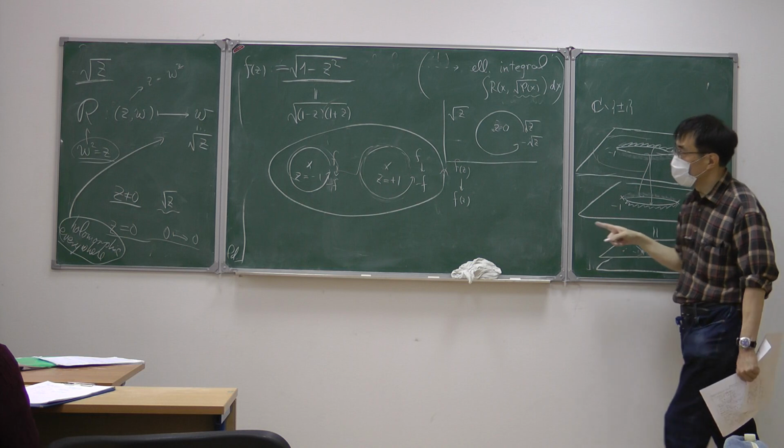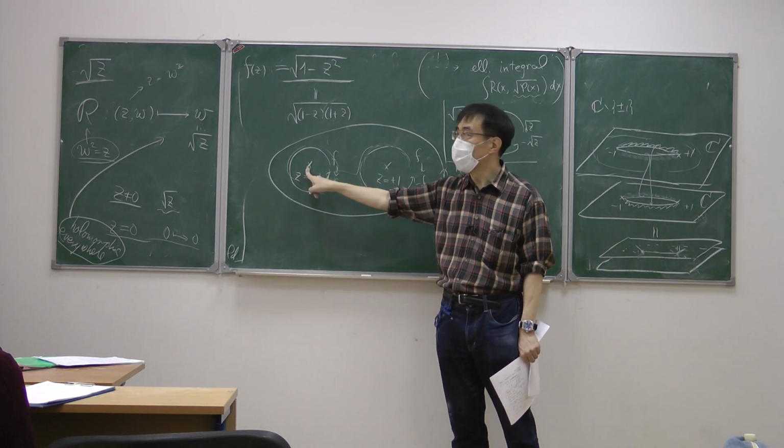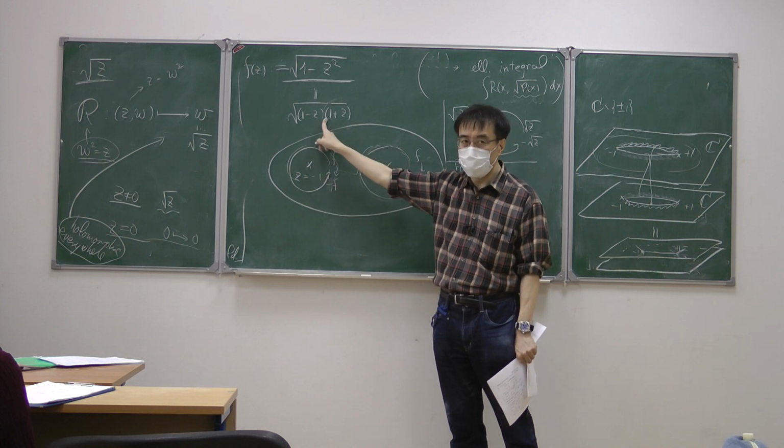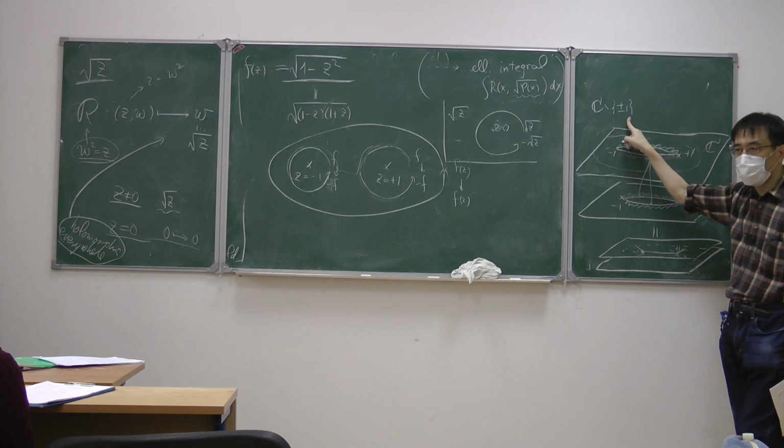Again, at +1 and -1, we have 0, only one value. So they are exceptional points.